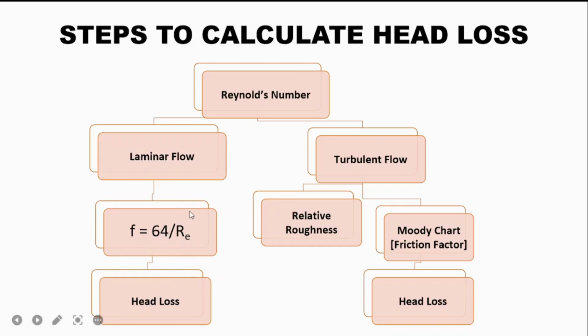So for this video, we are focusing on laminar flow. Step 1 is to find the Reynolds number. Step 2 is to check if the flow is laminar or turbulent. Remember, if the Reynolds number is below 2000, it is laminar flow.